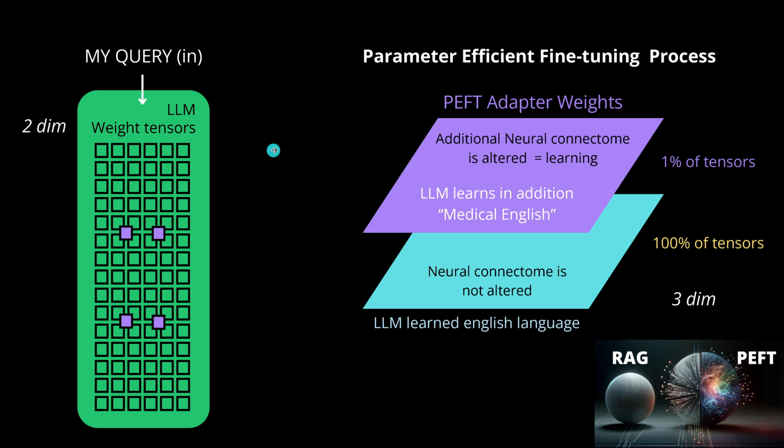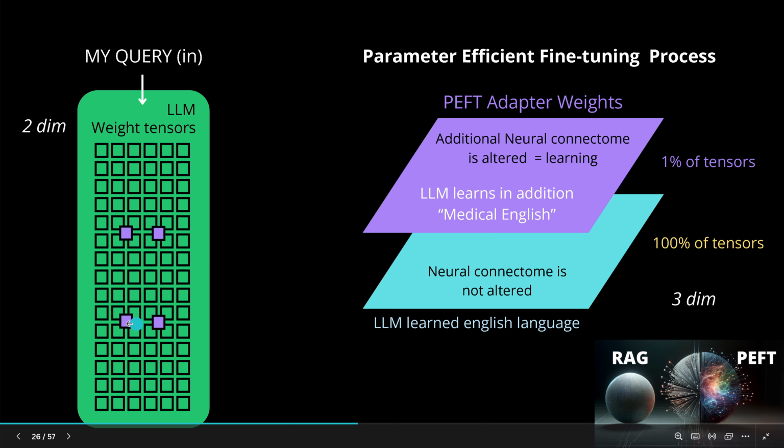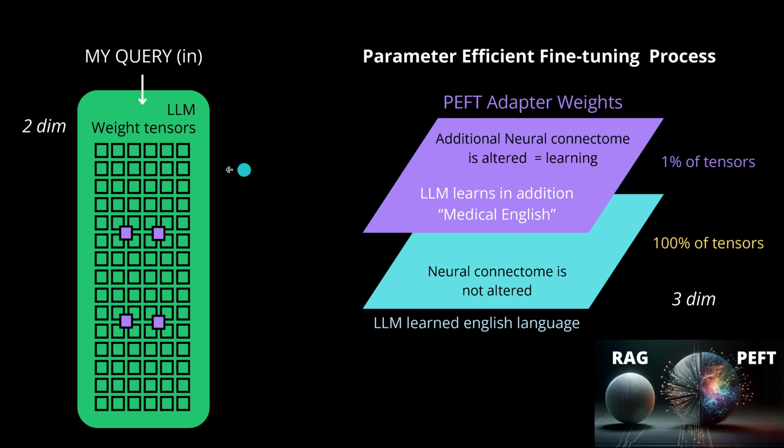And I've shown you, hey, if we take here our LLM, all our weight tensors, and then we inject here our adapter weights, and we move from 2-dimension to 3-dimension, we have here our plane that symbolizes all of our weight tensors of our pre-trained LLM, for example, that has the task of learning English.